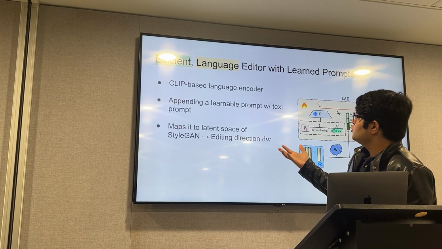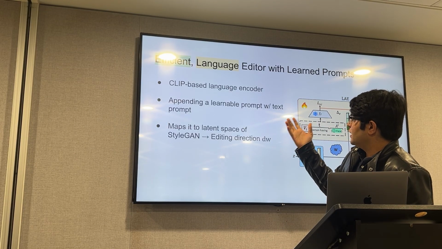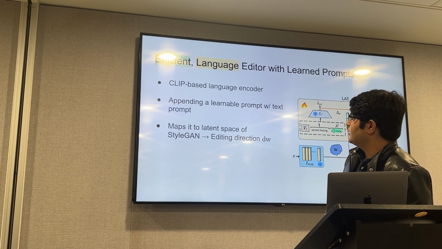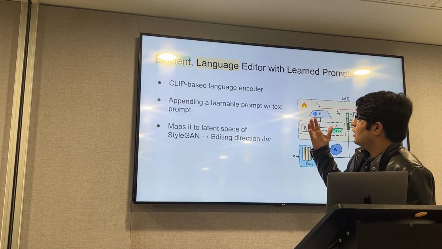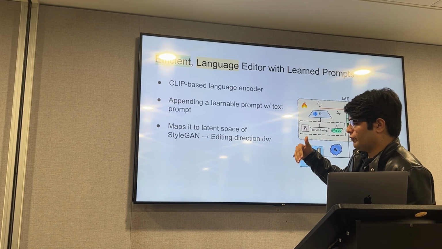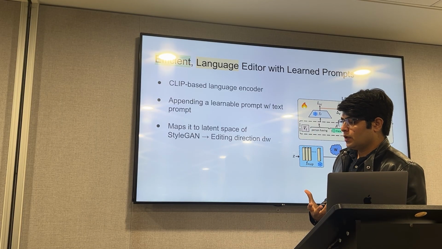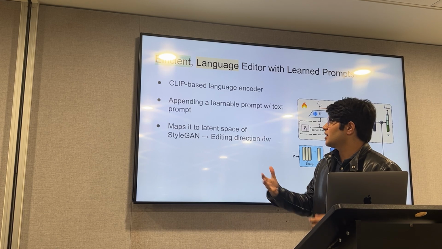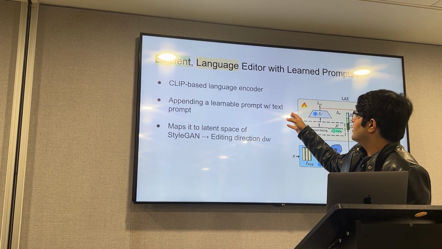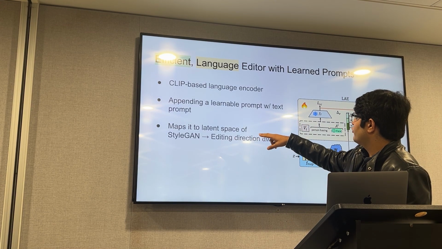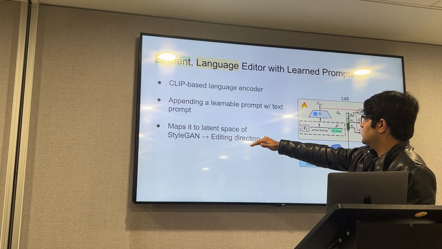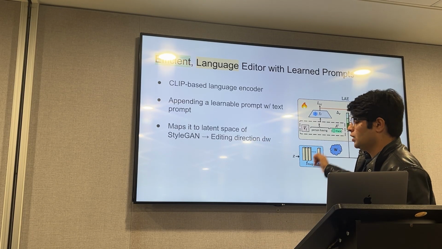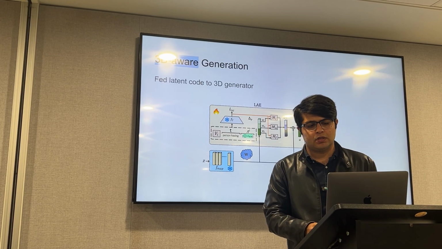For that we used a CLIP-based language encoder, and for each new editing direction or editing style, we use one learnable prompter and one mapper that can map this textual prompt into the latent space of the 3D GAN.